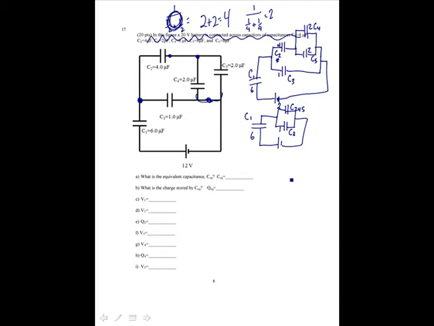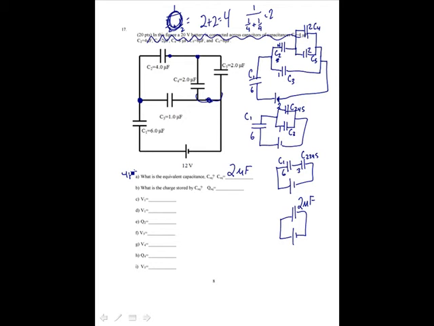Combining those two, I'm left with a 6 and a 3 in series. Then combine those: 1 over 1 over 6 plus 1 over 3 is equal to 2 microfarads. So that's my equivalent capacitance, 2 microfarads, which by the way was worth 4 points.